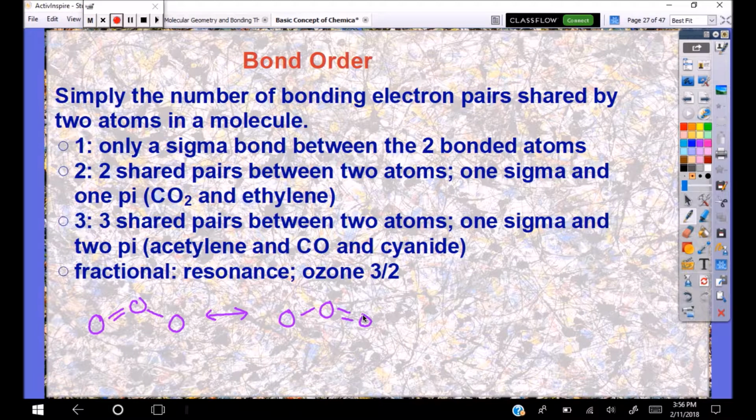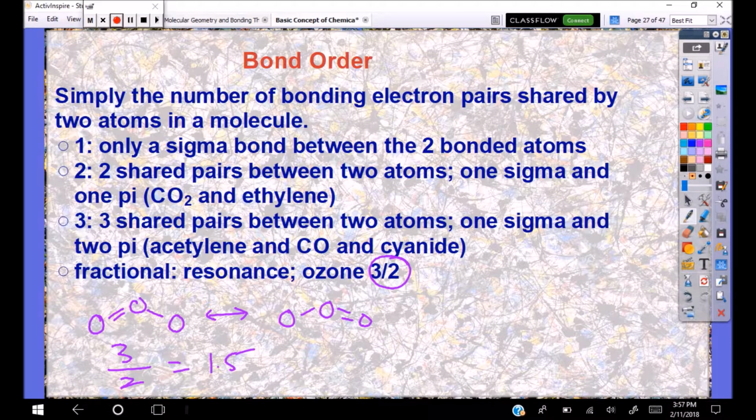If you count up the number of shared pairs with the central oxygen and divide it by the number of things it's bonded to, you get a fractional bond order. So we see that we have 3 bonds. We have 2 single bonds, and then we have the double part of that double bond. So 3 total. It's bonded to 2 things, and that's how we get our fractional bond order of 3/2, or 1.5.